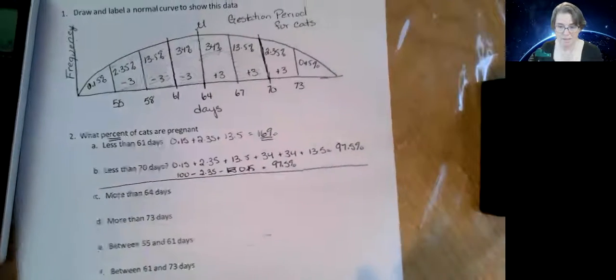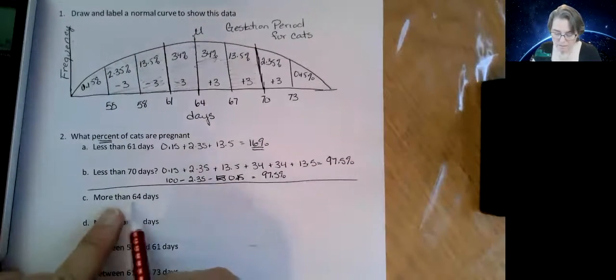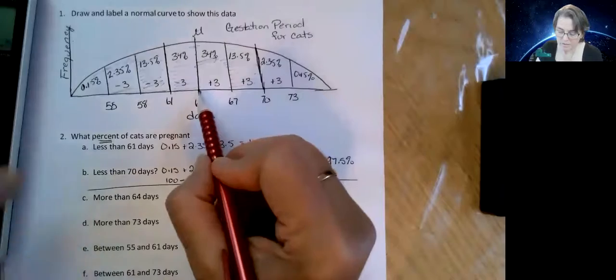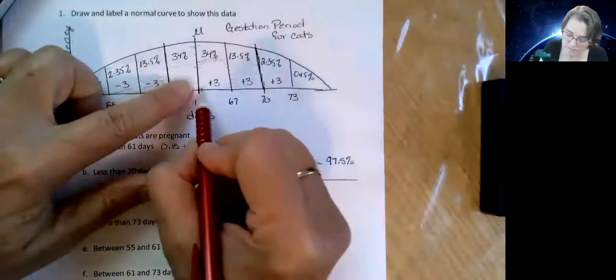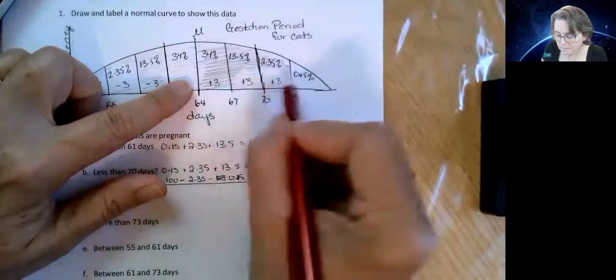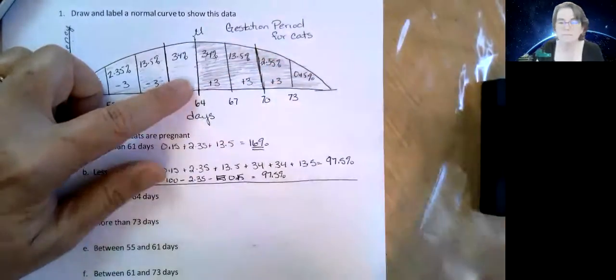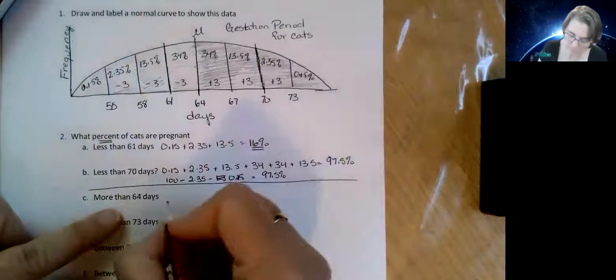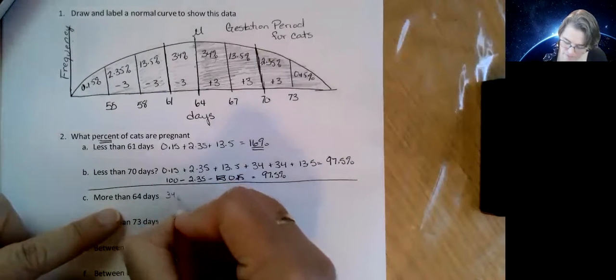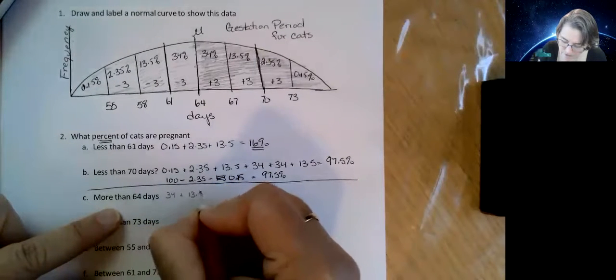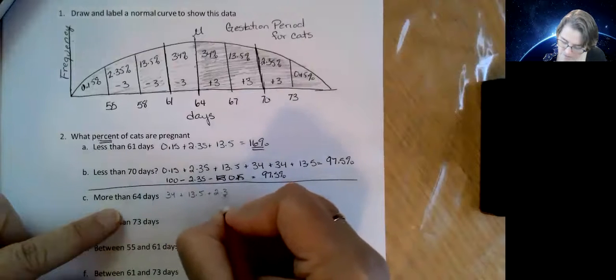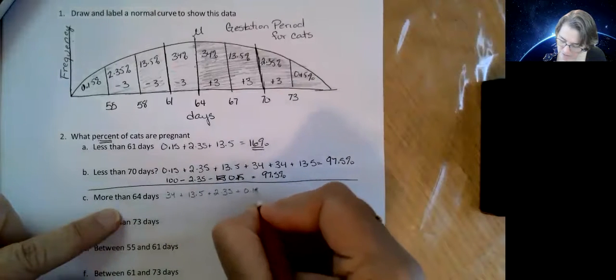Okay, I'm going to switch to pencil because I've got to do some more coloring. More than 64 days. So I find 64 and I go more than that. So any bit that's more than 64. All right, what I just colored in with my pencil, it's going to be 34 plus 13.5 plus 2.35 plus 0.15.